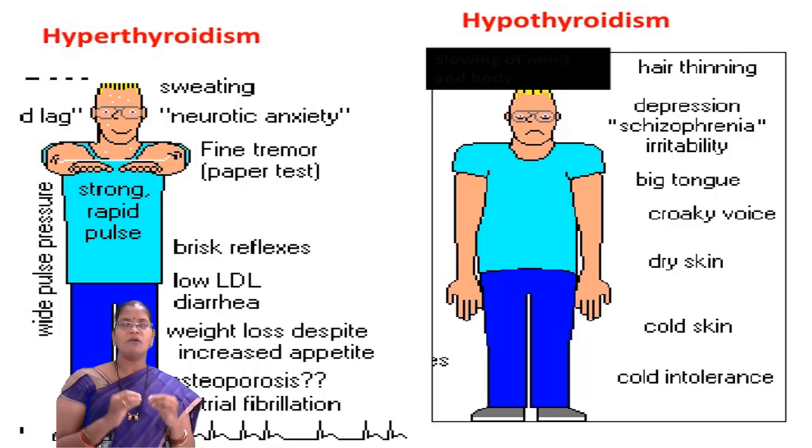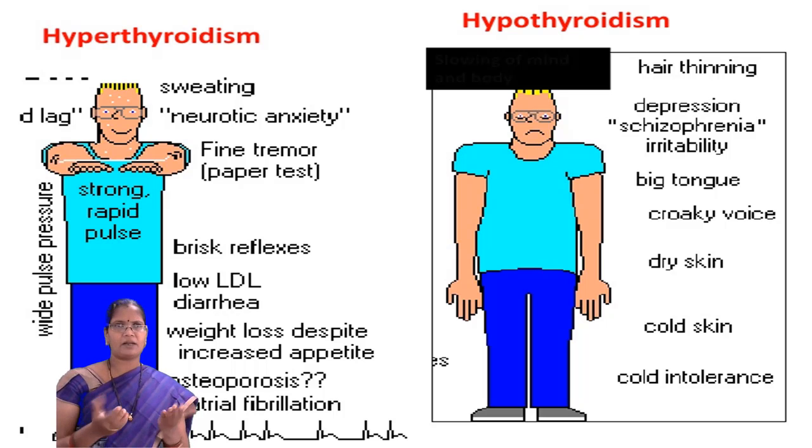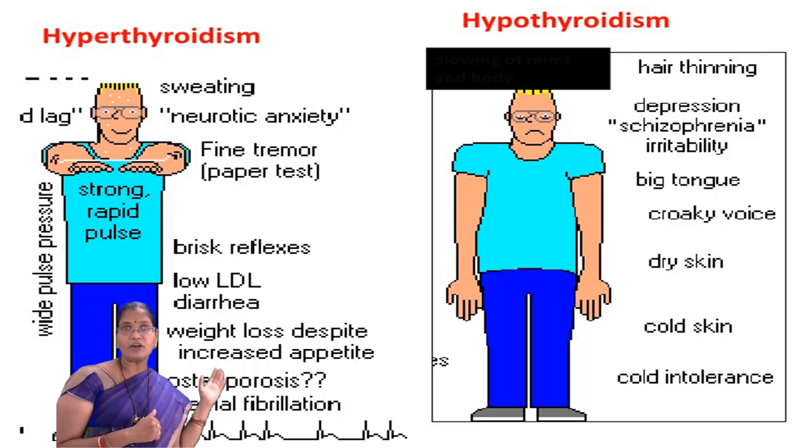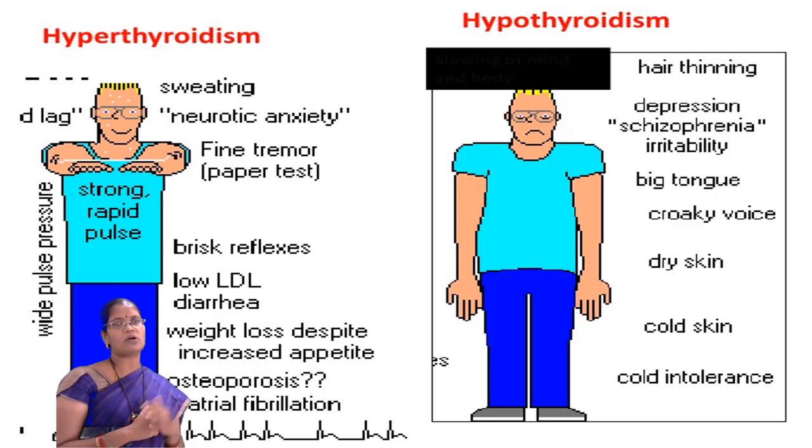Tremor means shivering will be seen. If we ask him to touch a paper, that paper will be shivering. That is called fine tremor. And next, brisk reflexes are shown, and diarrhea, weight loss. Weight loss is mainly seen in hyperthyroidism. Osteoporosis and atrial fibrillation will also be seen.